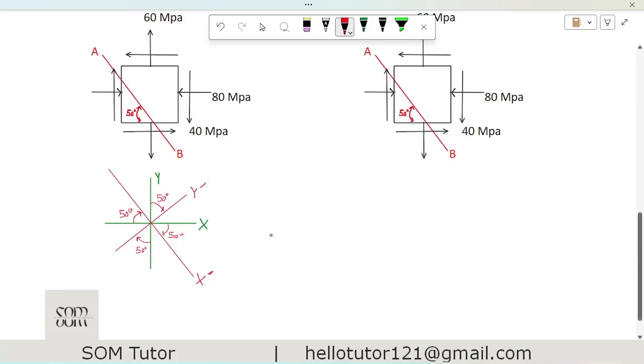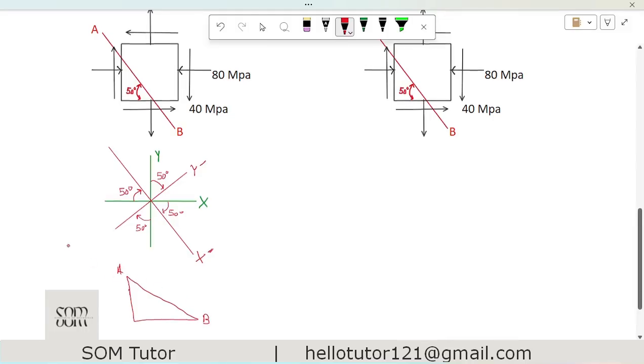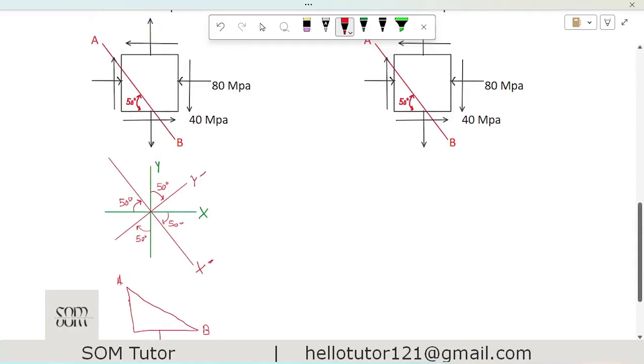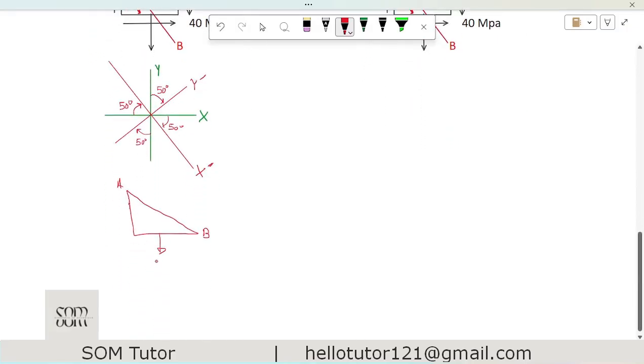If we draw our body here, half of the body, this is A, this is B. Then we have here 60, and this much is 40 megapascal.